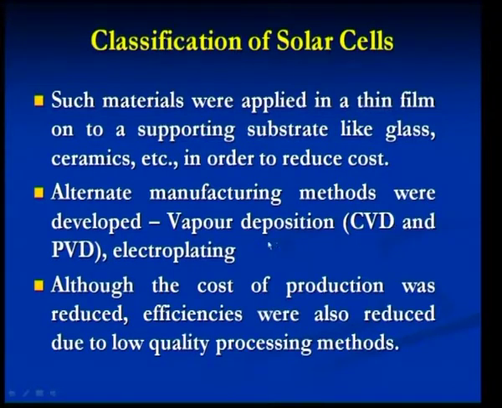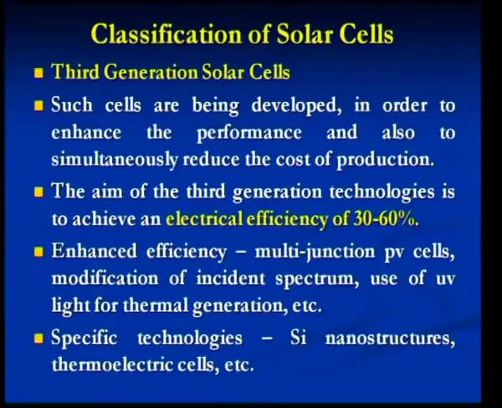For example, vapor deposition methods like CVD and PVD, chemical vapor deposition and physical vapor deposition, and electroplating methods were also developed in order to manufacture such alternate materials. Although the cost of production was reduced during this period, the efficiency was also reduced due to their low quality processing methods. Then came the third generation solar cells.